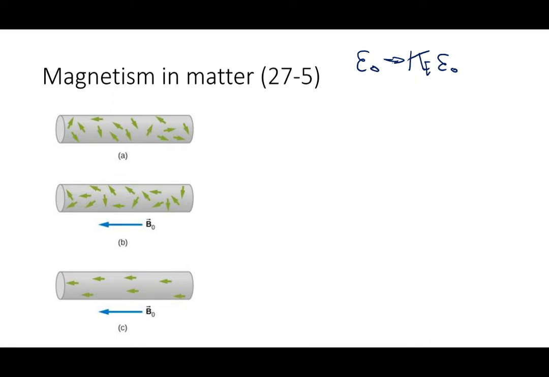Because all this time we've been dealing with mu naught, which is the permeability of free space, vacuum. But if we're in a solid, what happens? Well, something very similar. We also characterize it by some kappa magnetic, and we replace mu naught with kappa mu naught.